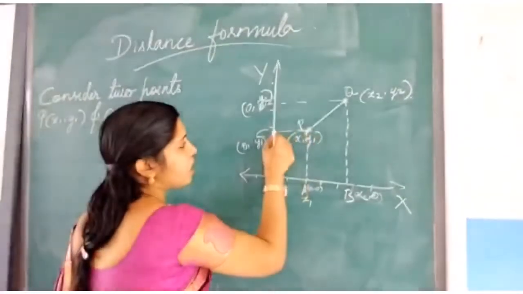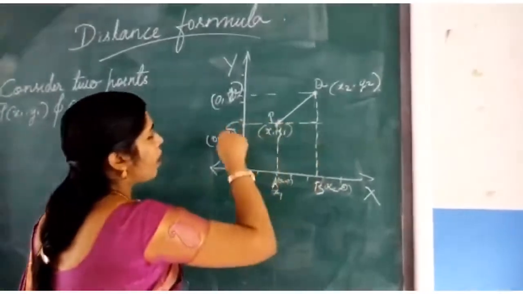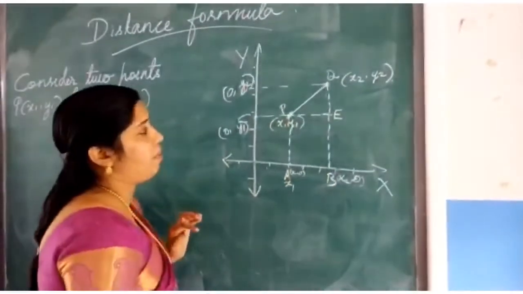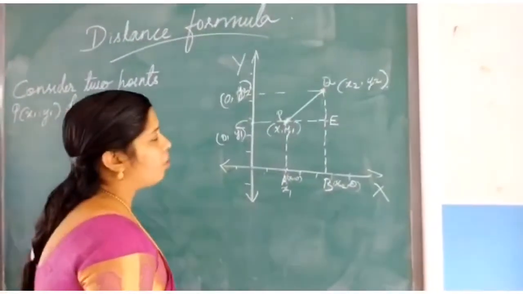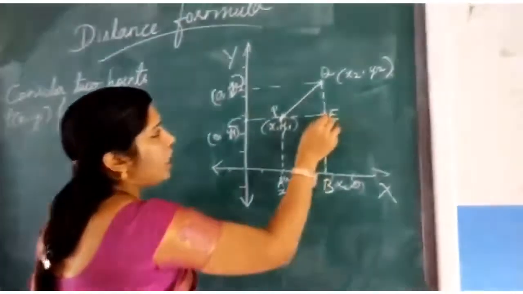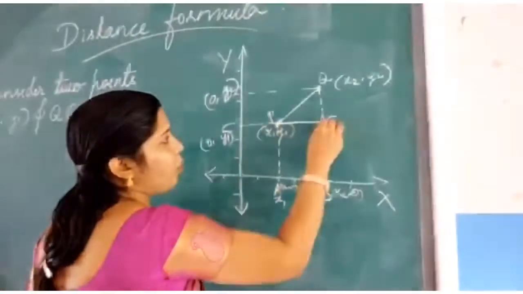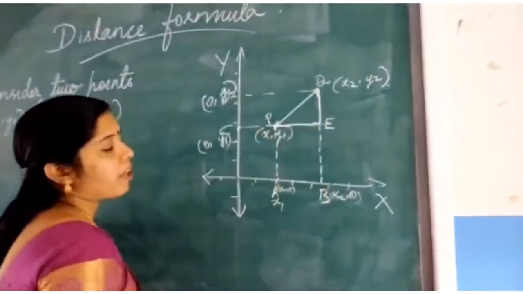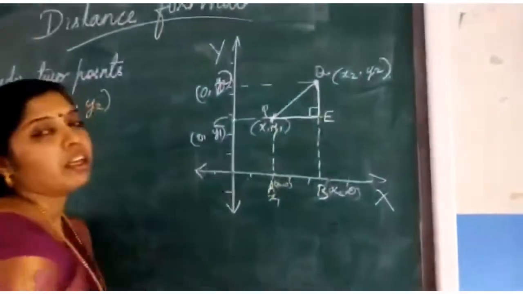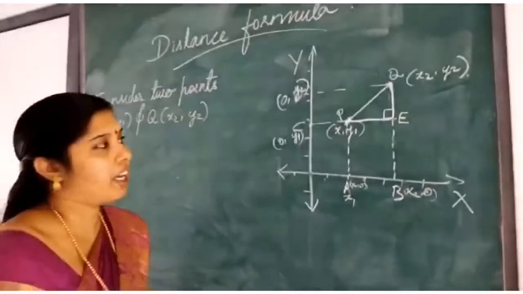So let us extend CP to meet BQ, and we can name that point E. Now you can see that PQE makes a triangle, and you can notice one more thing: this is a right angled triangle.